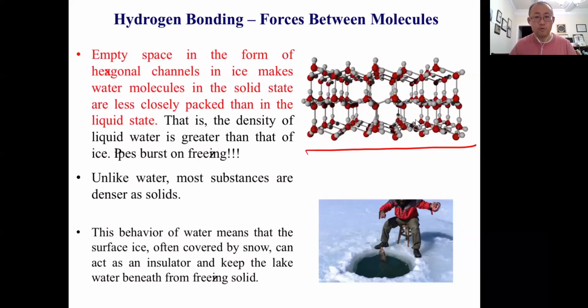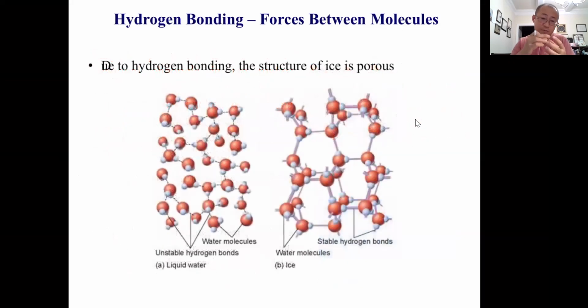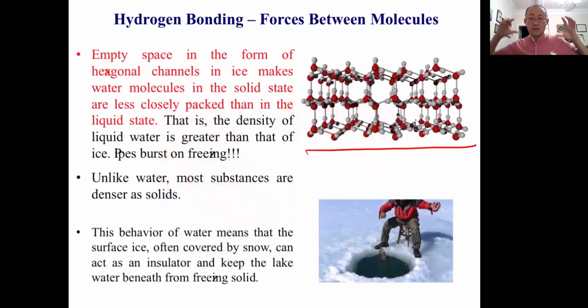Even in liquid water, the water molecules are interacting with each other, but because of the organized hydrogen bonding in ice, the water molecules create hexagonal channels, which is some extra space in the ice form of water. And because of that, the volume of water is going to be bigger when solid. And when volume is bigger, there's a term called density, which equals mass over volume.